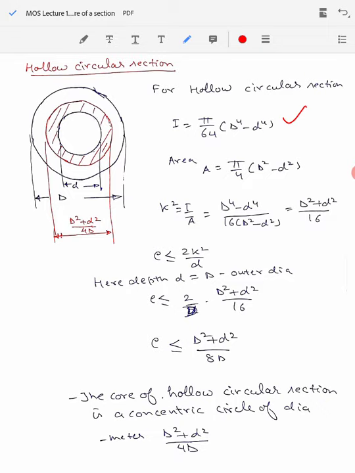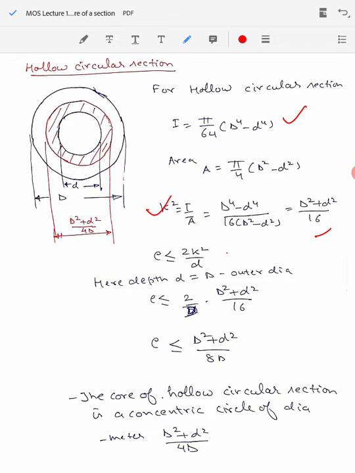The area of cross section will be pi by 4, D square minus small d square. If you use these moment of inertia and cross section area values to calculate the radius of gyration k square, you get k square as D square plus small d square divided by 16.